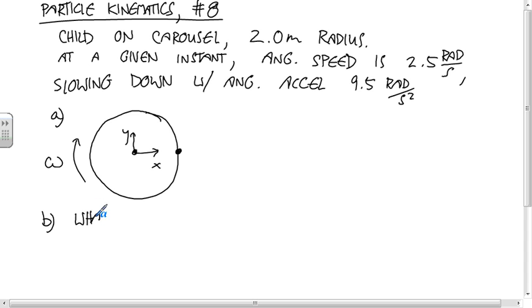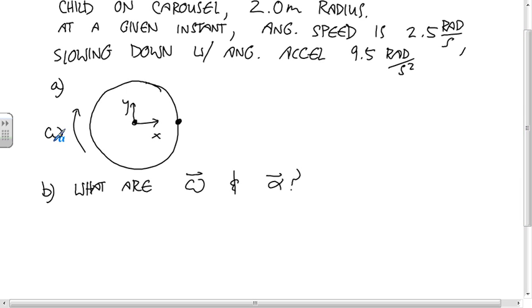So it asks, what are the angular velocity and angular acceleration vectors at that instant? Well, I guess first, what components are going to be non-zero for the angular velocity? Remember that the direction of an angular velocity vector, you can think of it as like the axis of rotation.